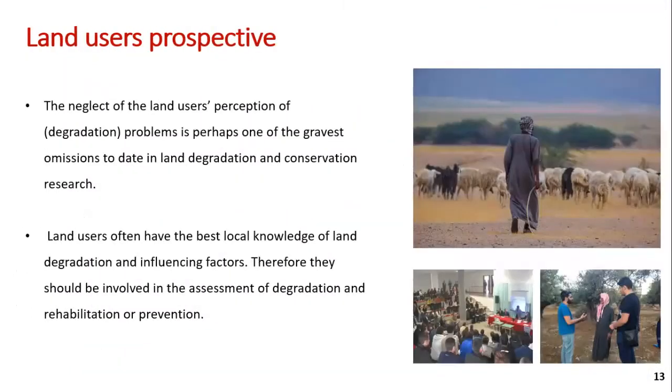Moving to the other technique, which is basically the land user perspective. Land user perspective is a very important thing, and if we ignore it, we will miss a lot of information. Why? Because asking the people who live in that particular place will tell you the real situation, and whether the people perceive this as a problem or not, because they are the ones who live there.